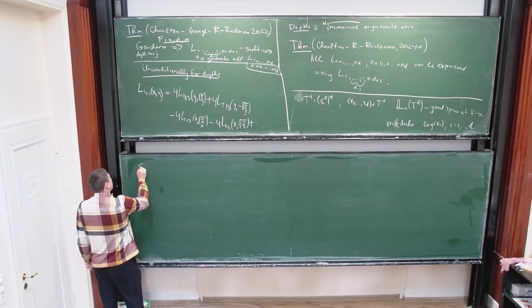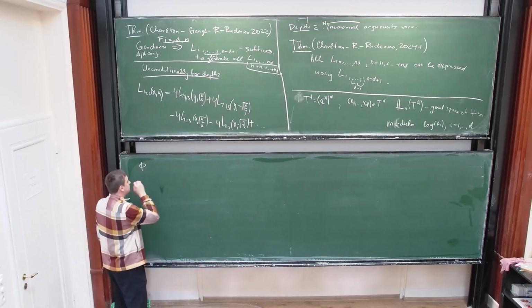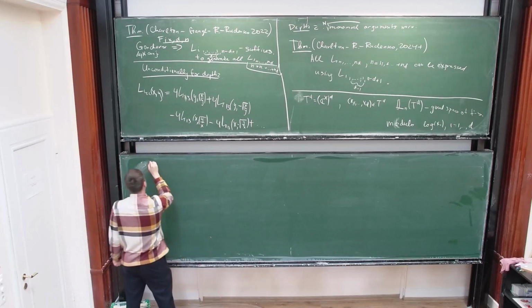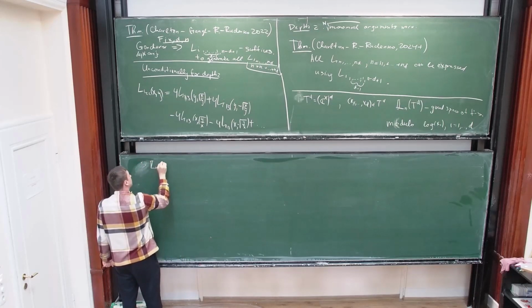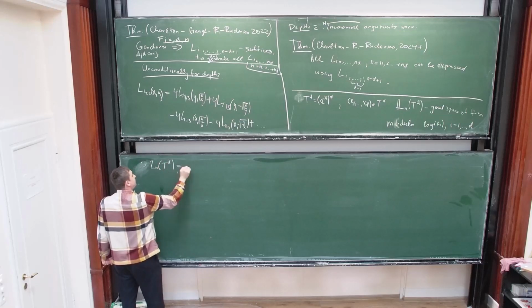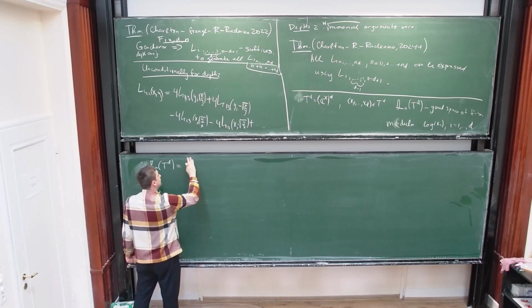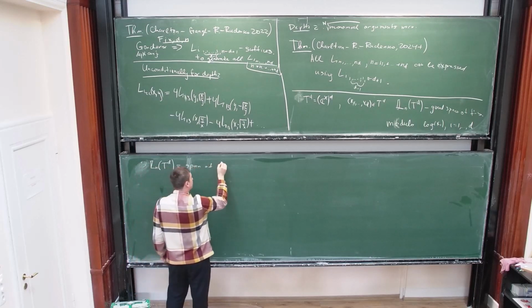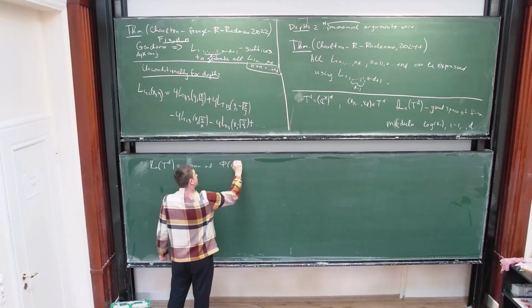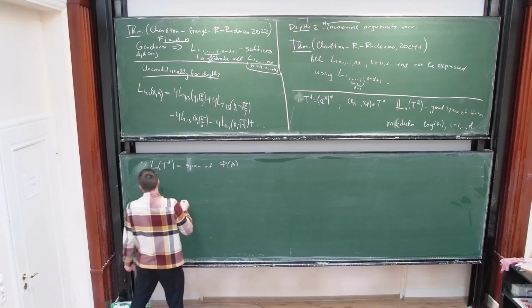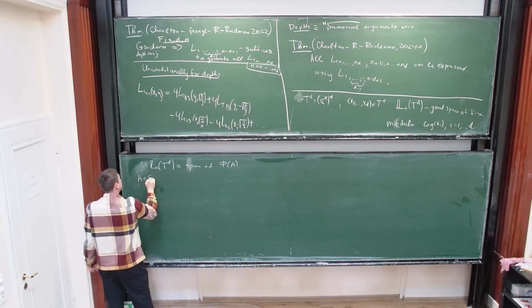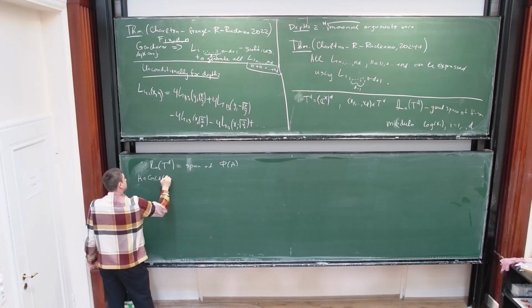Okay, so I want to define this L_n of T^d. It will be a span of some collection of functions, which are indexed by elements in GL_d(Q).